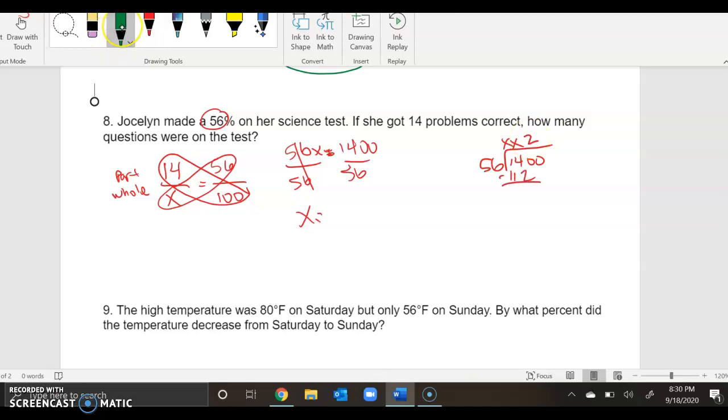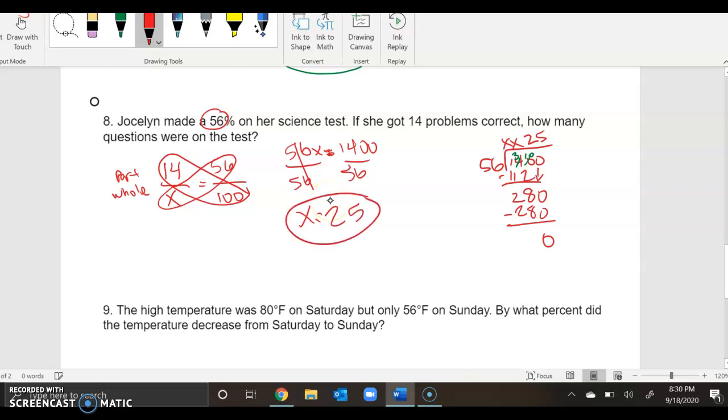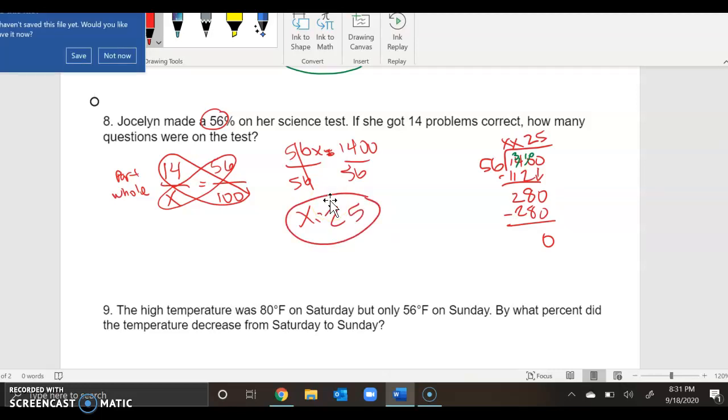We have to subtract. I cannot take 2 from 0, so we borrow. 10 minus 2 is 8. 3 minus 1 is 2. Bring down our 0. 56 goes into 280 5 times for 280, and we're done. So we know there were 25 questions on Jocelyn's test.